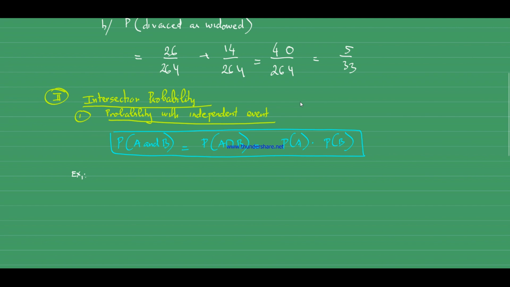Okay, let me repeat it. An independent event means that the occurrence of either of them, the first event or the second, has no effect on the probability of each other.